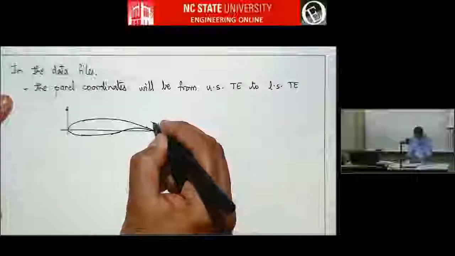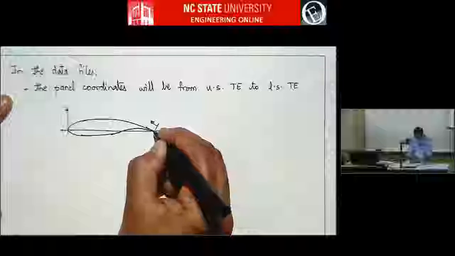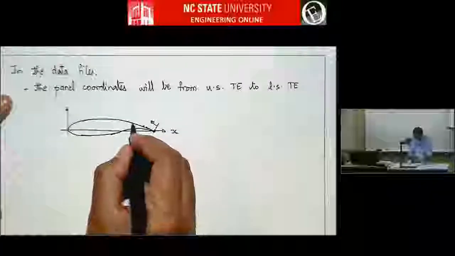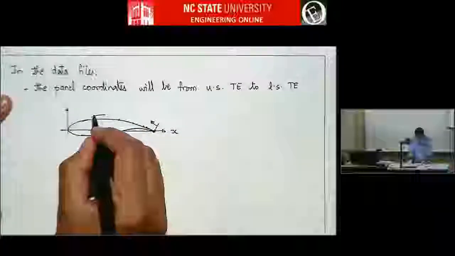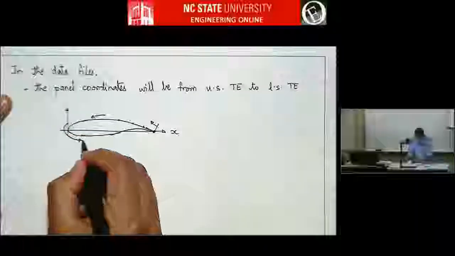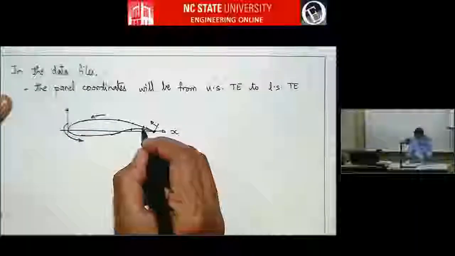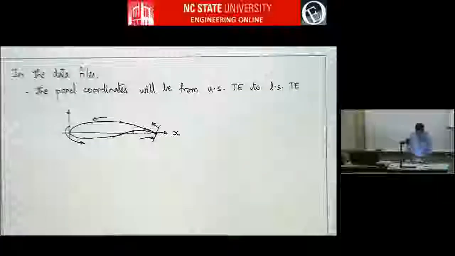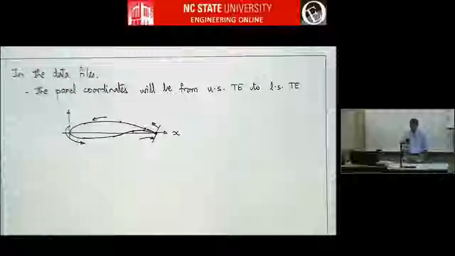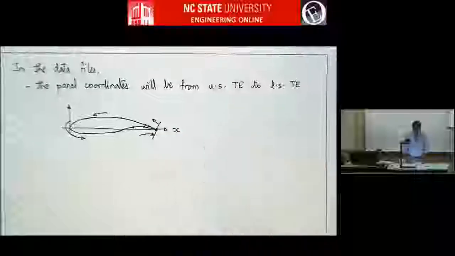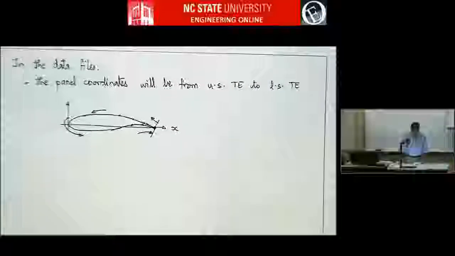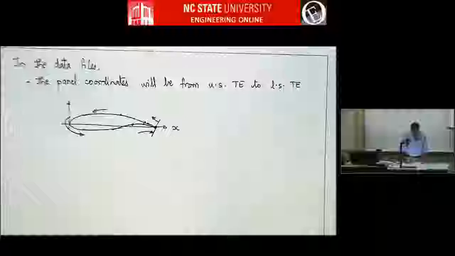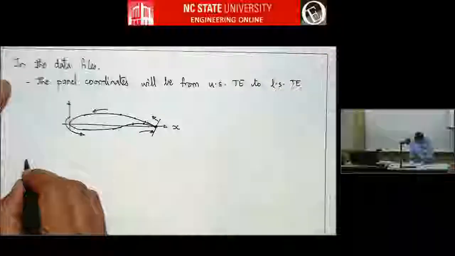So you will have panels starting with the trailing edge and then going like this. So these 2 points will coincide. The first point and the last point will coincide. Okay, so chord is always going to be 1.